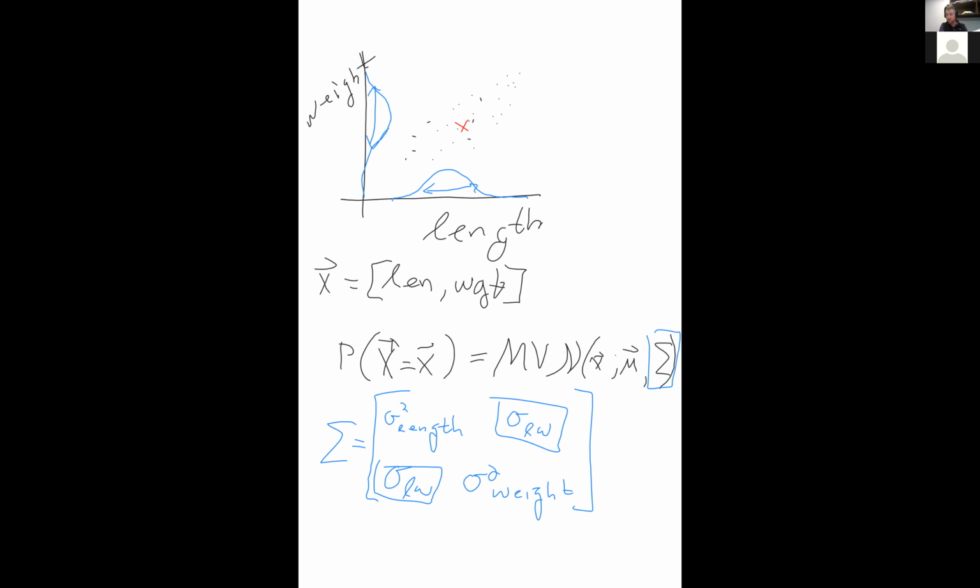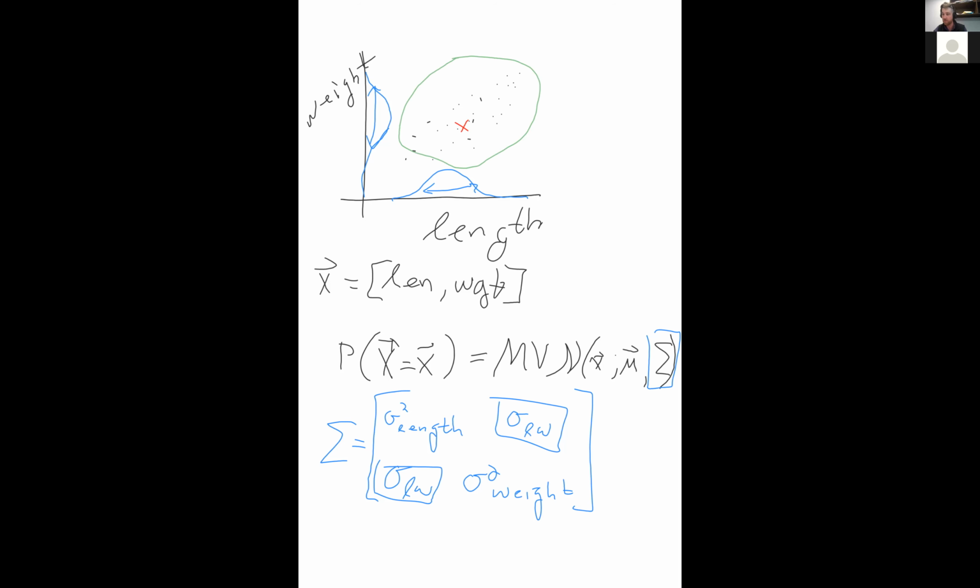So if we were to draw some lines on this graph representing contours, like a contour plot of the probability density function of the normal distribution, if we didn't have this off diagonal term, we could only draw circles, or ovals, I guess, such that the axes of these ovals were oriented with the axes themselves, which is essentially an implicit way of stating that length and weight are independent.